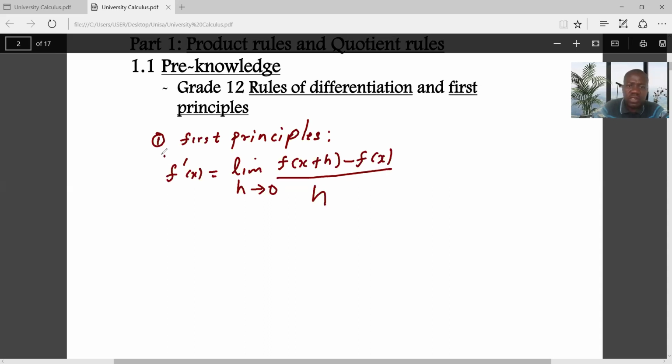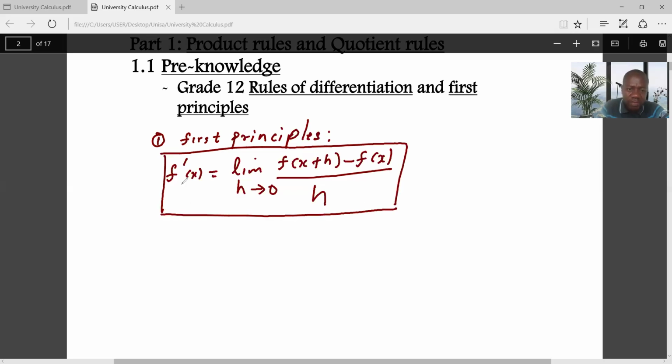This is called the first principle formula. With first principles, we use the gradient of a secant to approximate the gradient of a tangent.